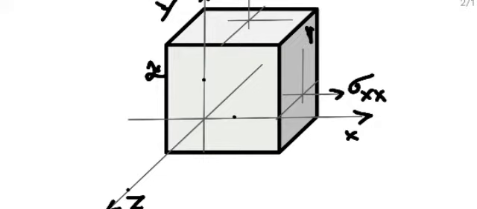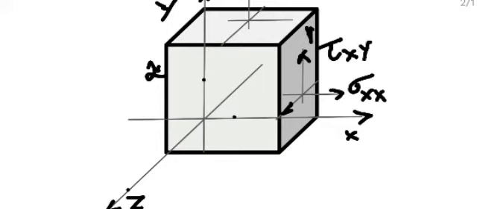Next, if I am showing this one, it is acting along the plane only, no? And this one also is acting along the plane. So both are shear stresses. How can they be denoted? Shear stresses are given by tau, and this one is acting on a plane whose normal is x, and it is acting in y direction, so tau xy.